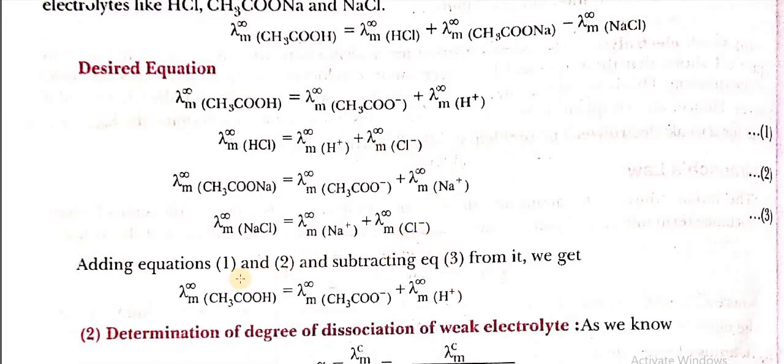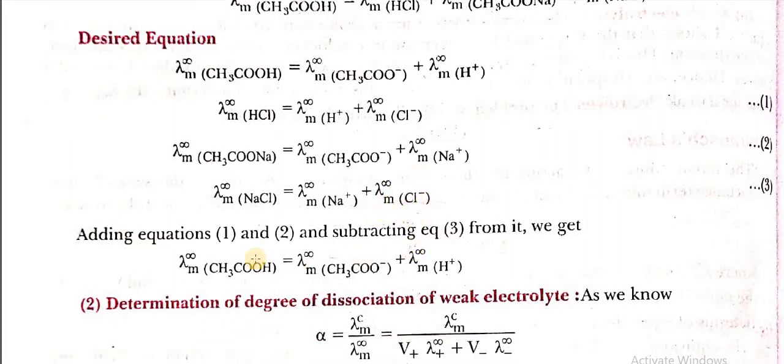Now add equations 1 and 2, and subtract equation 3 from it. So finally you'll get lambda m at infinite for acetic acid equals acetate plus H plus of the simple ions.